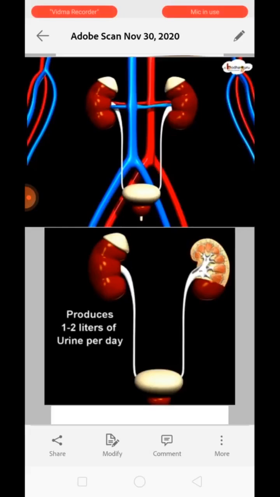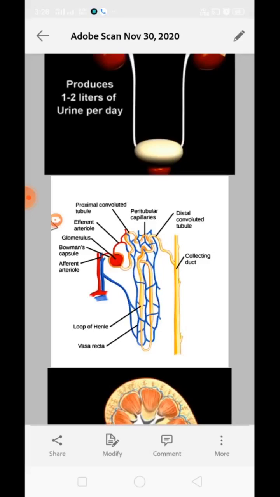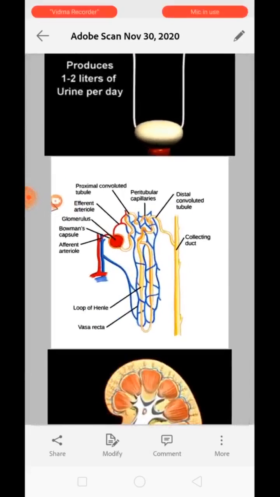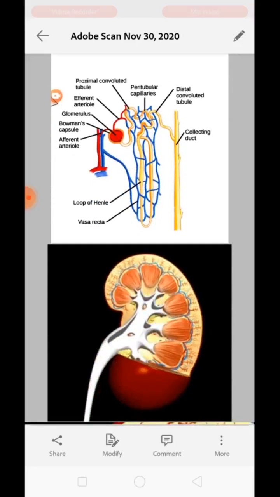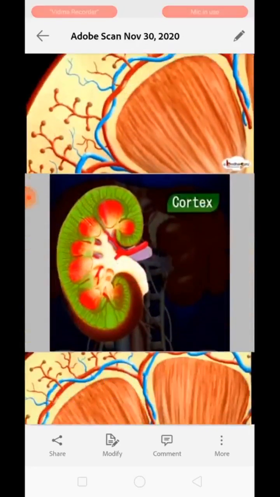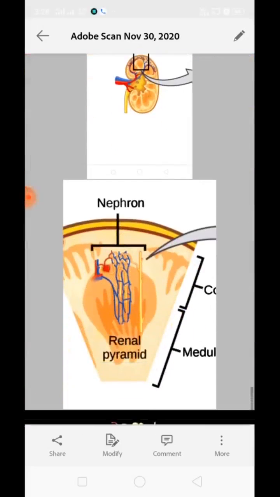So basically the filtration is done by the nephron. The nephron is the one responsible for performing filtration, and the lots of collecting ducts present in the shape of a pyramid pass the waste material into the ureter, and from the ureter it is passed to the urinary bladder.